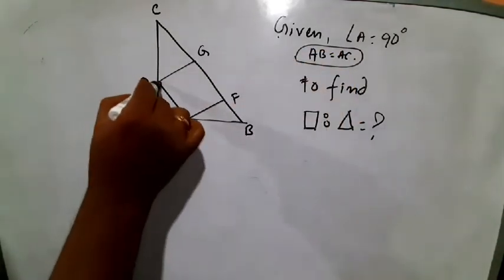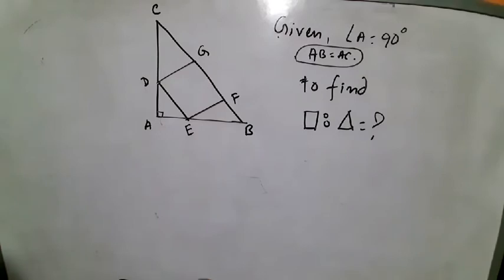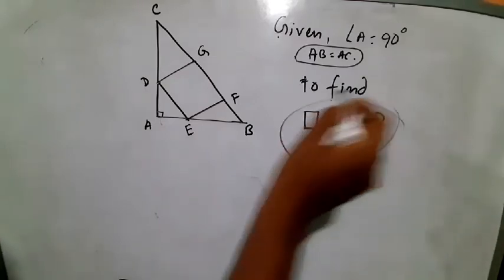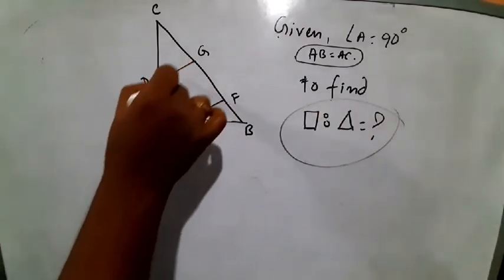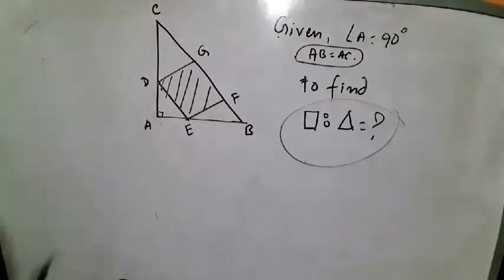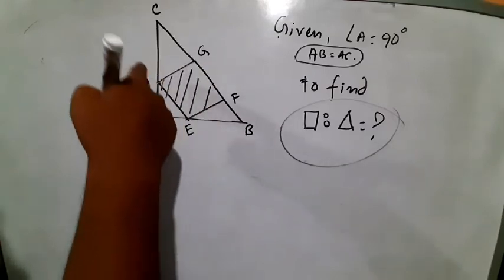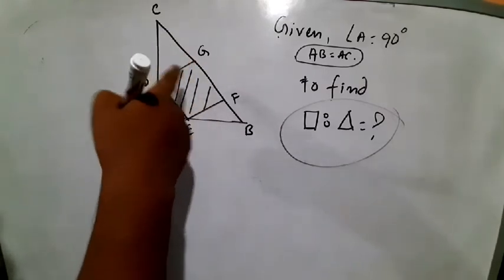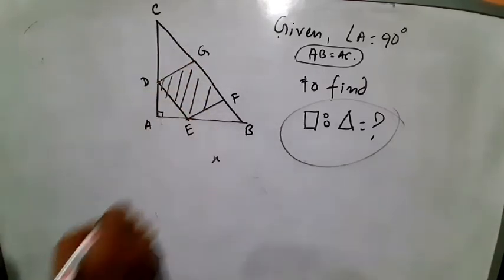DEFG is a square. We have to find the ratio of the area of this square to this triangle ABC. How can we find the ratio? Let the side of this square be x.